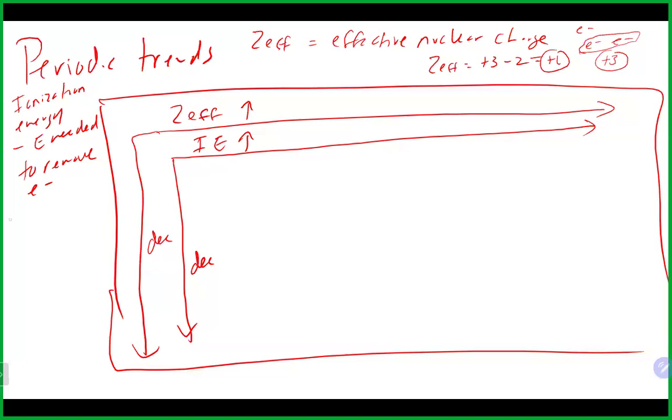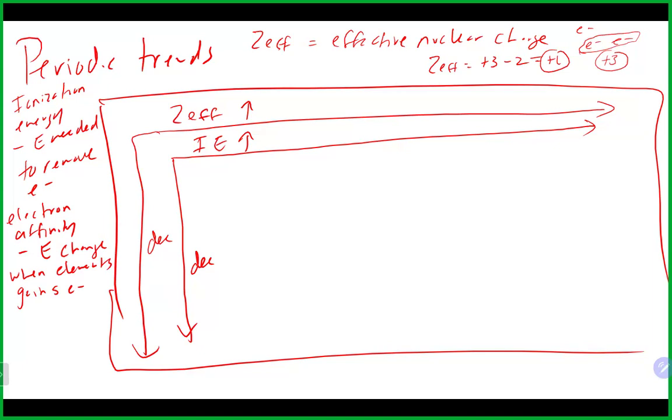We also talked about electron affinity. Electron affinity is the energy change when an element gains an electron. When we talk about ionization energy, because it's losing electrons, we talk about it in the sense of cation formation, things that become positively charged.